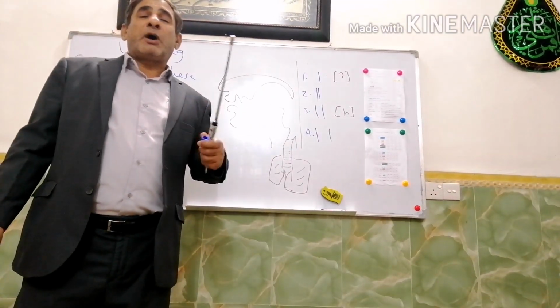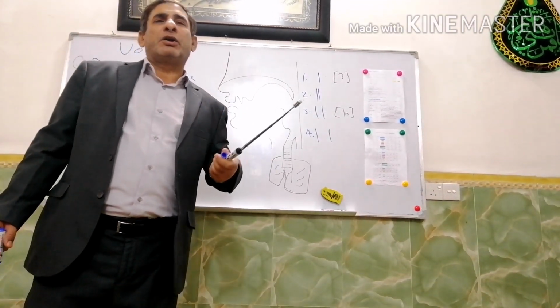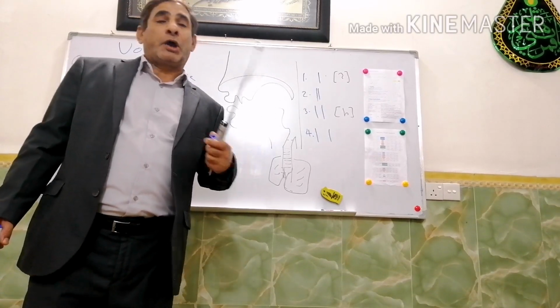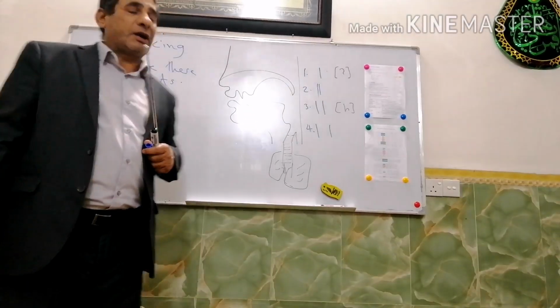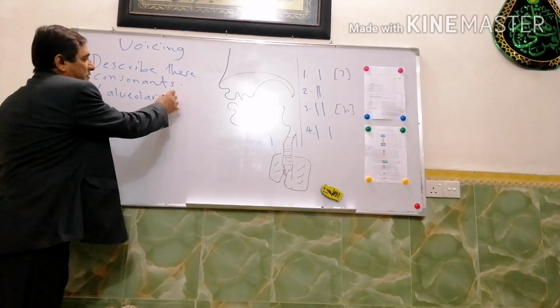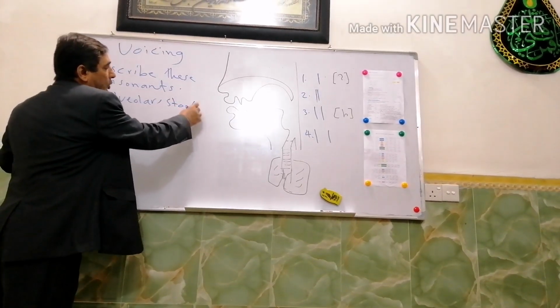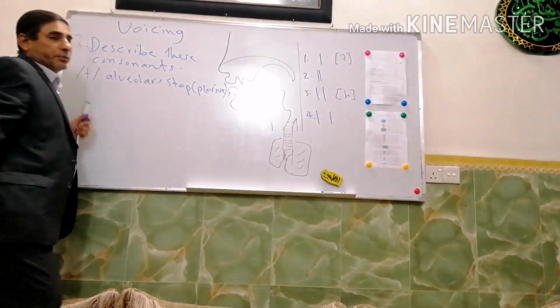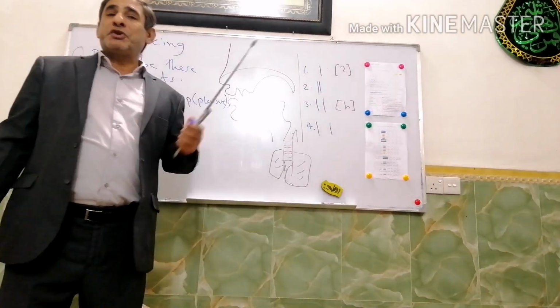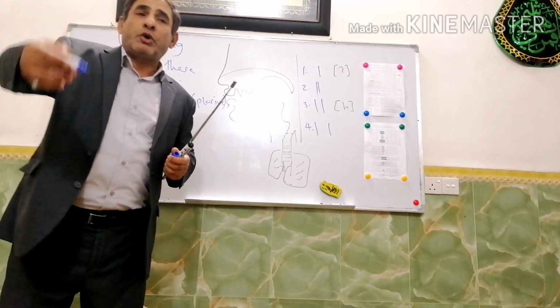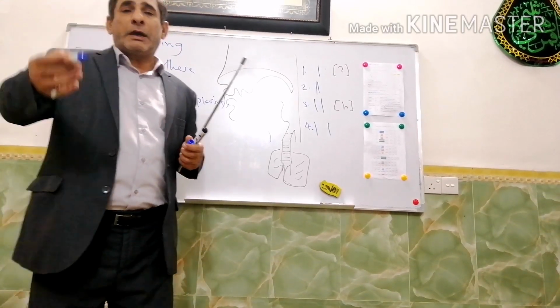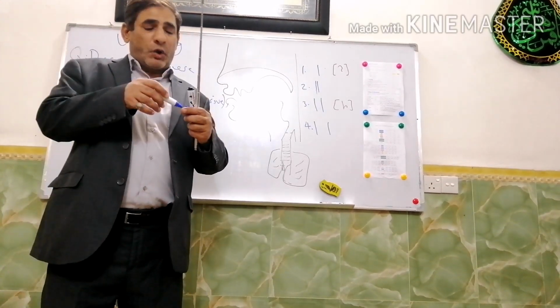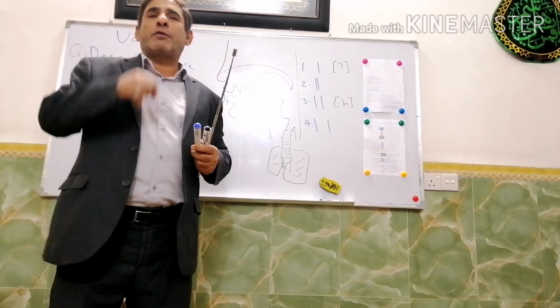Now, what about manner? From the point of view of manner, it belongs to the stops. So it is a stop, or plosive, an explosive sound. Now from the point of view of voicing, is it voiceless or voiced?